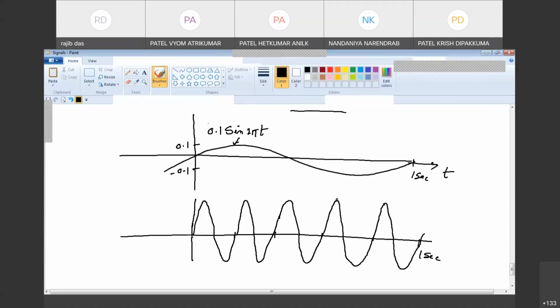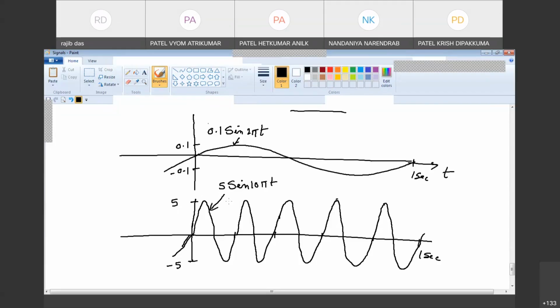It will continue this side as well. Its amplitude is 5, this is minus 5. So this is 5 sine 10 pi t.